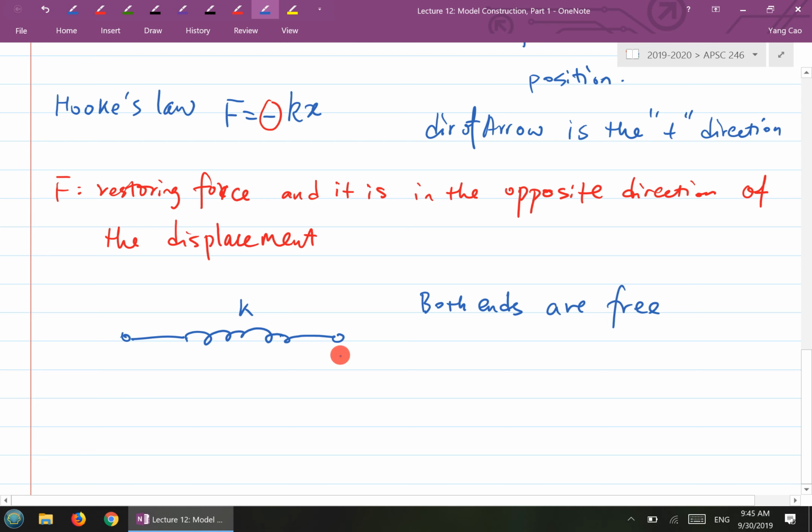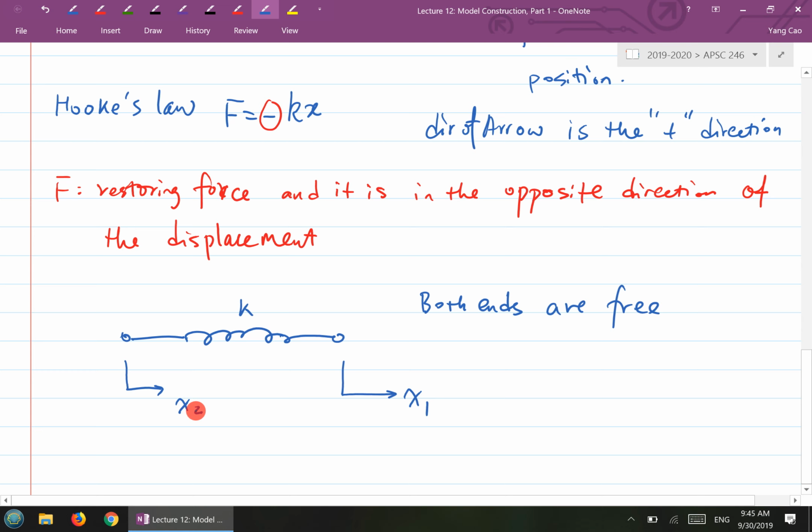Because both ends are free, we can do the same thing. For this end, I'll define it as x1, and for this end, I'll define it as x2, because both ends can move. So I need to define two different displacement variables for this spring.